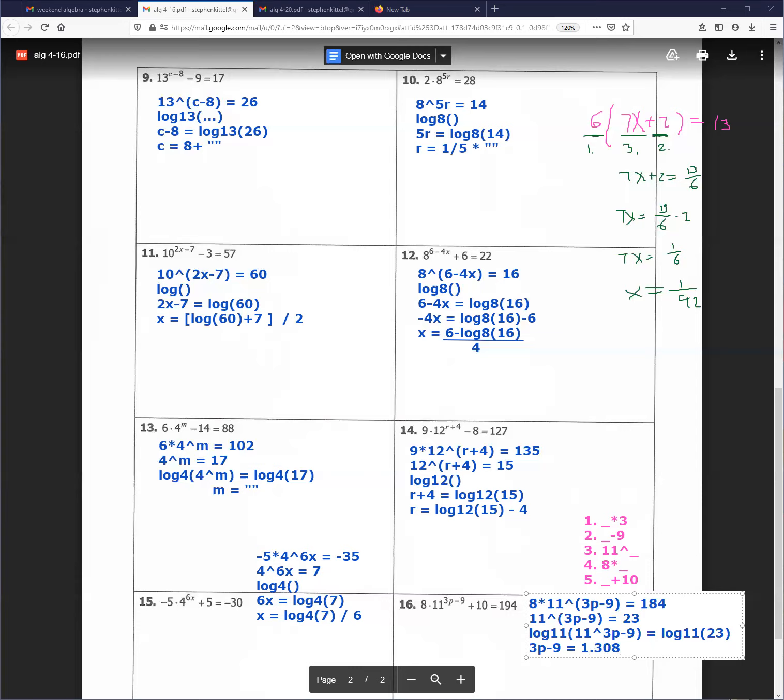I don't know how many decimal places your teacher requires, but I'm going to do 3. So then 3p is equal to that plus 9, so 10.308. And then p is equal to 10.308 divided by 3, which is 3.436.